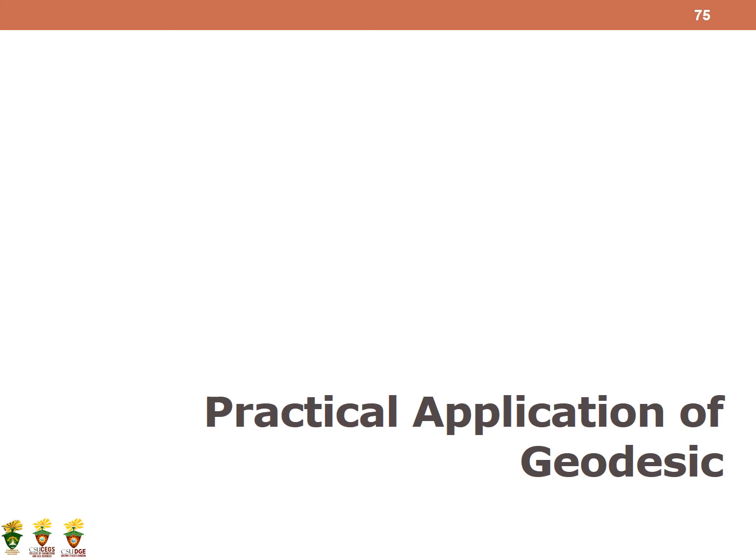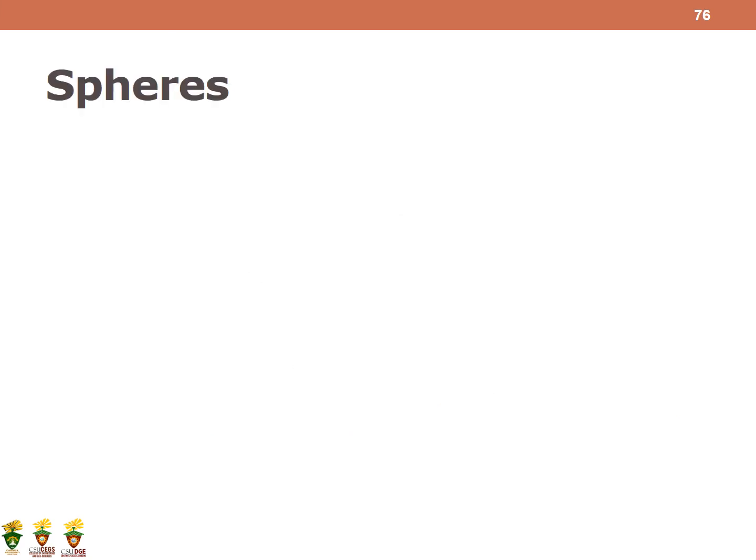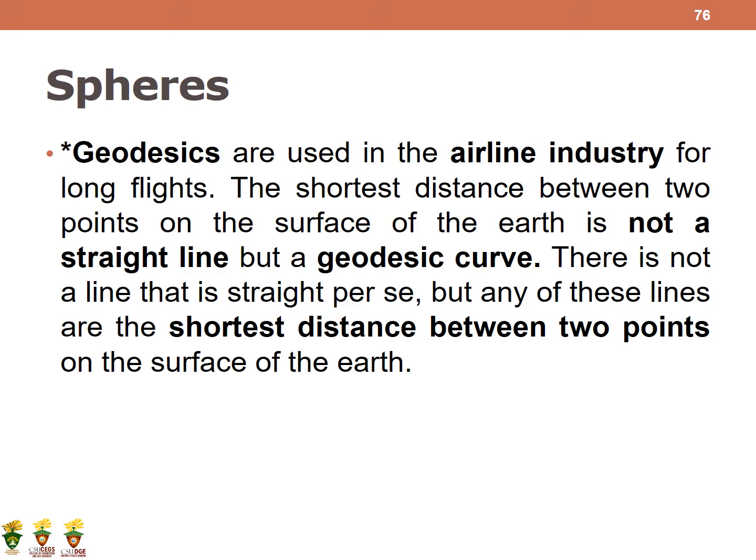So there are many practical applications of the geodesic curve. On the sphere, geodesics are used in the airline industry. Airplanes and airline companies prefer the most economical and fastest option, and since the earth is dynamic, they need to strategize and study where the shortest route is among the other choices to get from one country to another, from nation to nation.